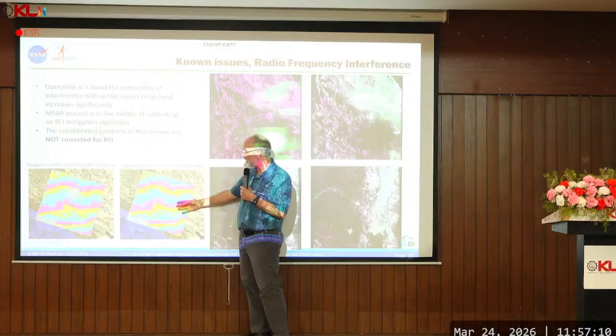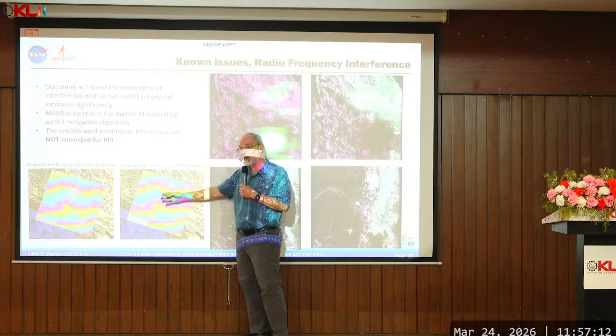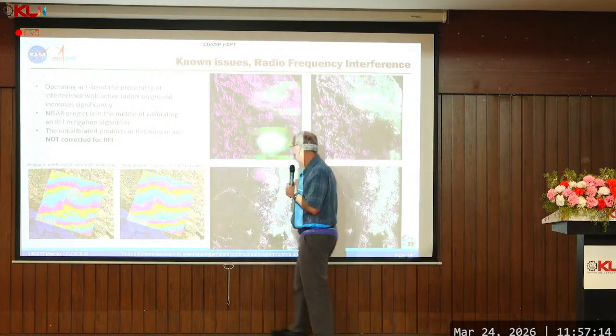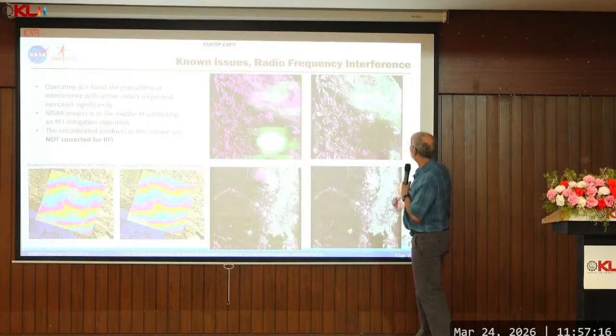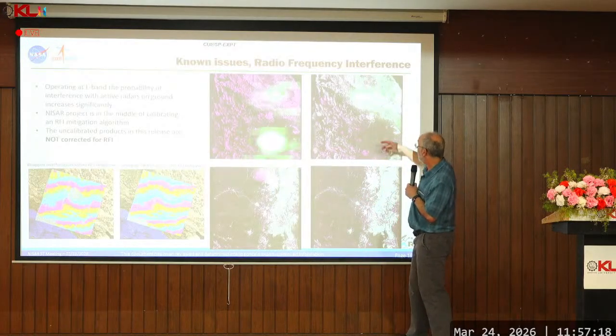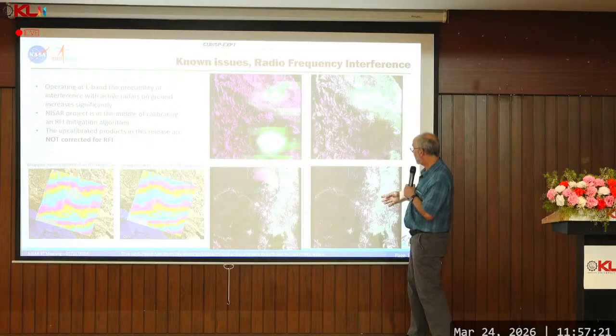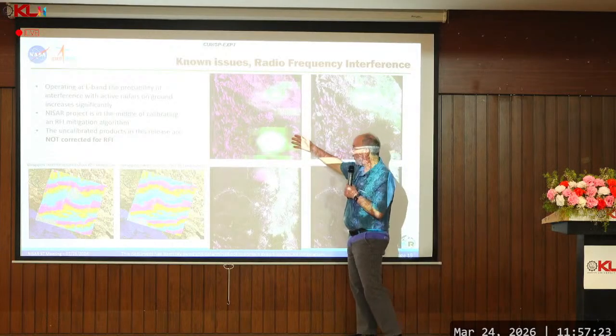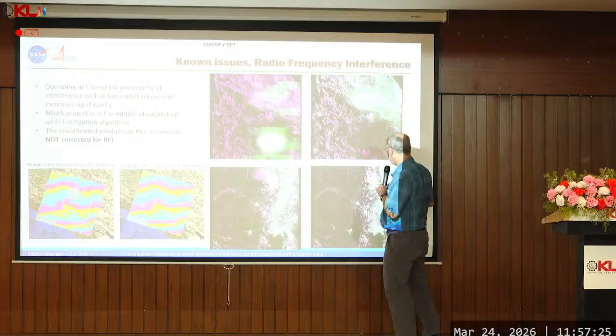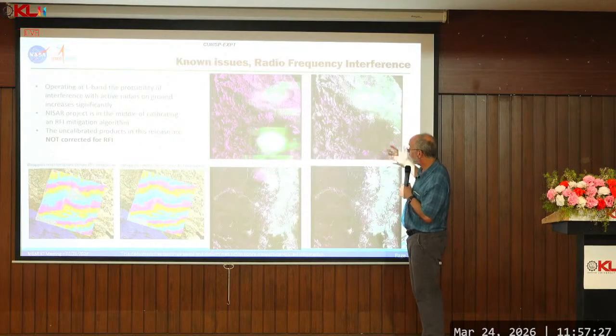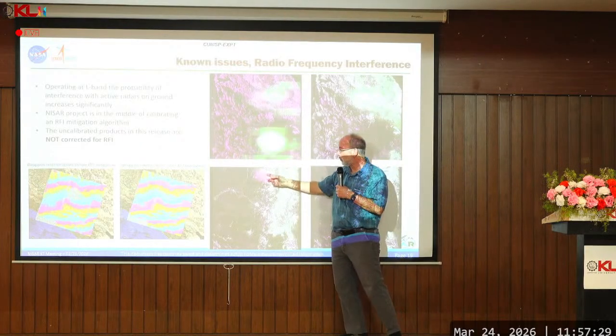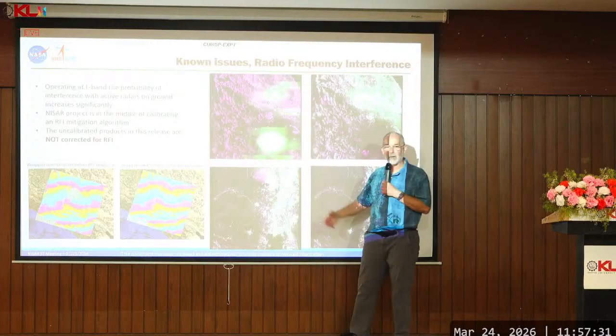You can see here it seems to work quite well in this particular case. This is no correction, with correction, no correction, with correction. The correction does seem to work quite well. There is some residual, but we're still working on the algorithm.